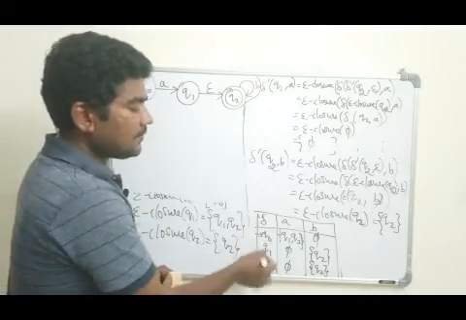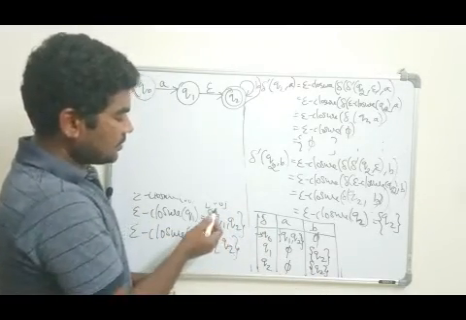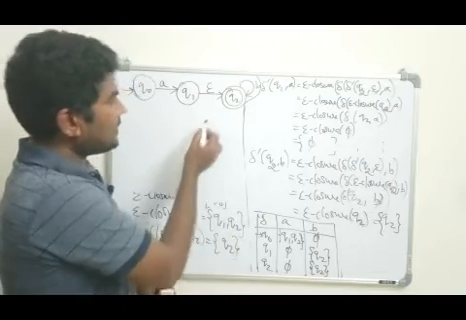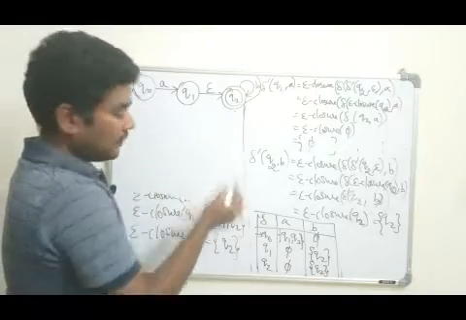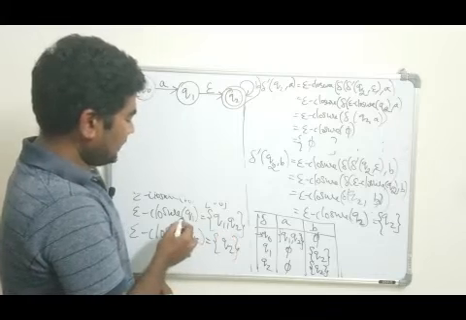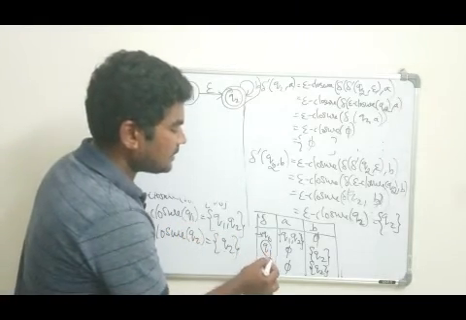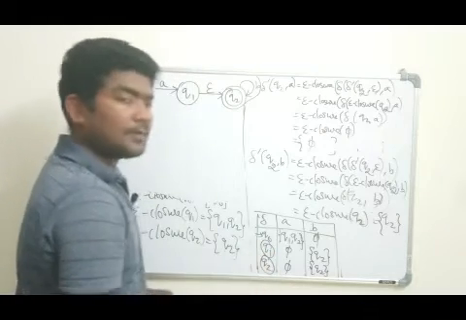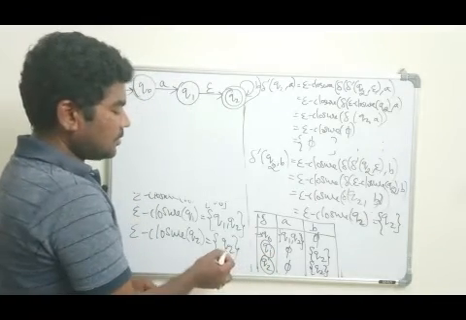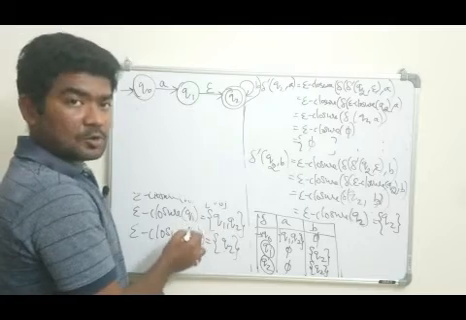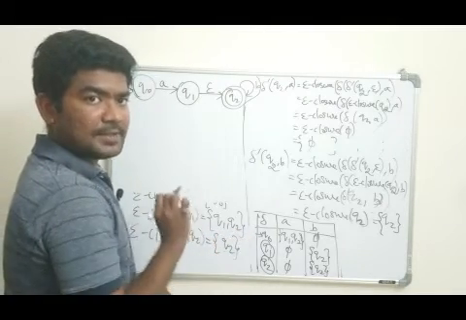Here, what is the final state you will take using the epsilon closure? Q2 is the final state in the given epsilon NFA. Since Q2 is coming in the epsilon closure of both Q1 and Q2, we take both Q1 and Q2 as final states.